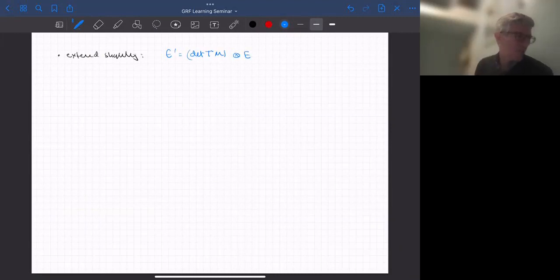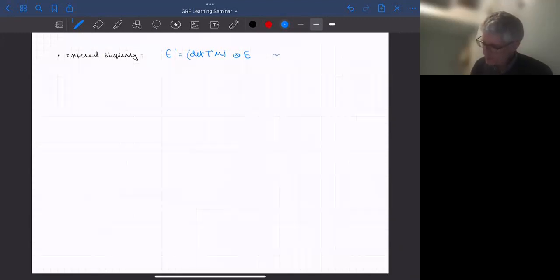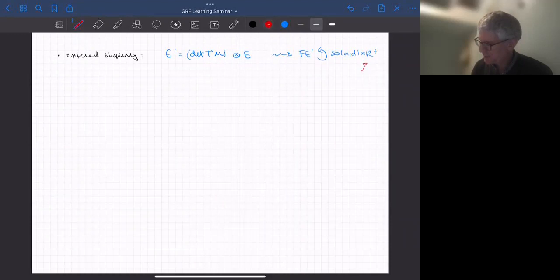Let's just assume everything's orientable for the moment. Then there's some corresponding frame bundle here, and I can think of this as some SO(D,D) times R plus principal bundle, where the R plus is just rescaling the determinant factor. So I just want to promote things a little bit and introduce this extra R plus scaling.